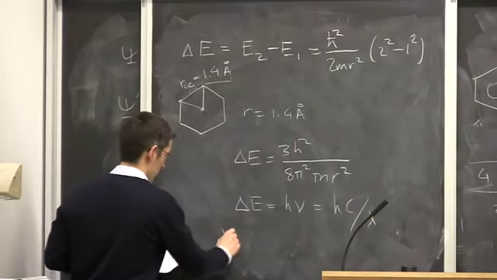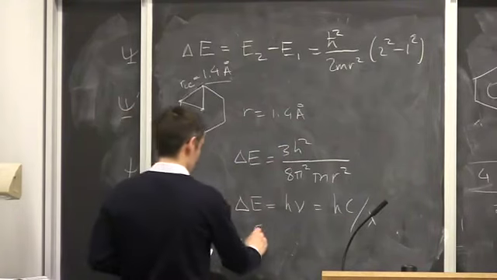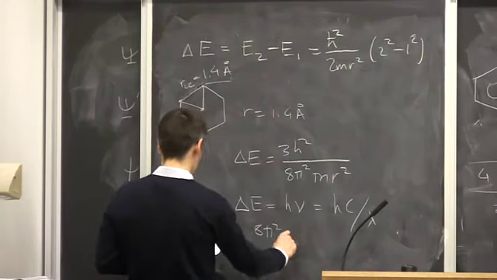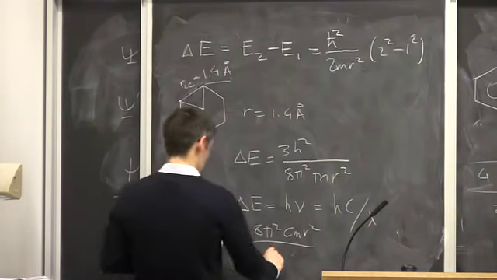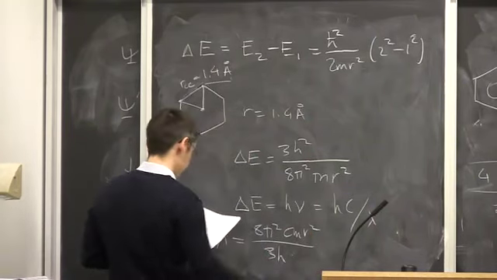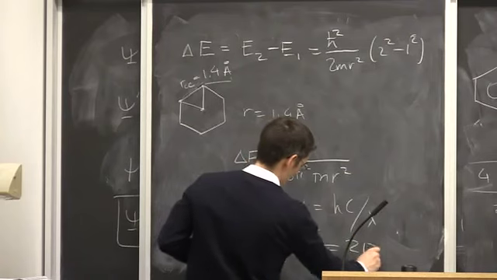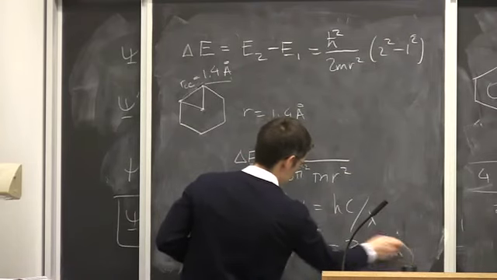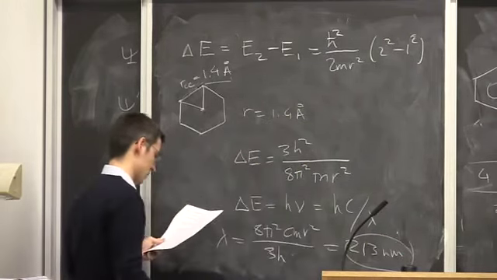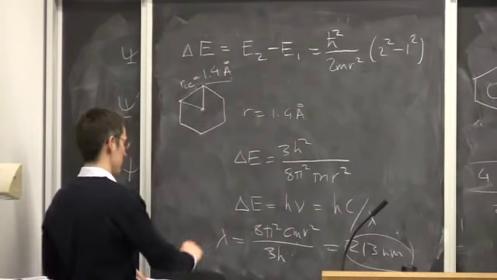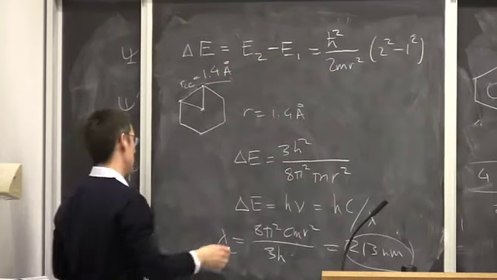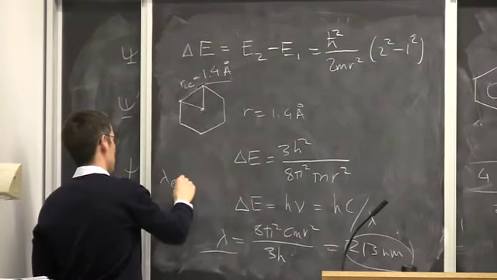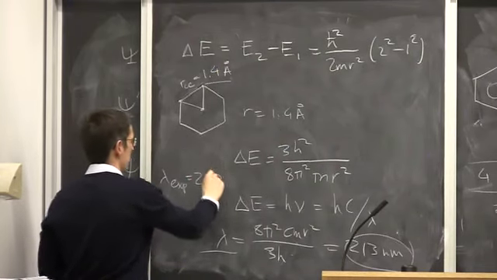And from that, you can calculate what lambda is. It's 8 pi squared cmr squared divided by 3h. And this is 213 nanometers. While experimental, this is calculated from this simple model. Experimental lambda is 260 nanometers.